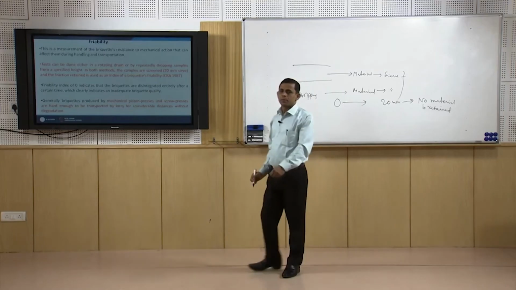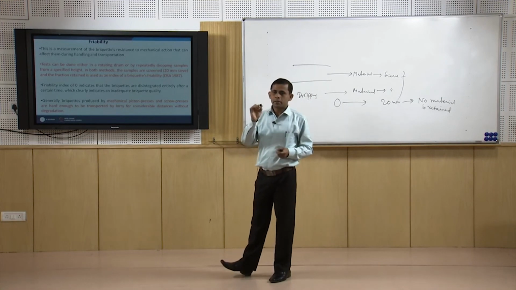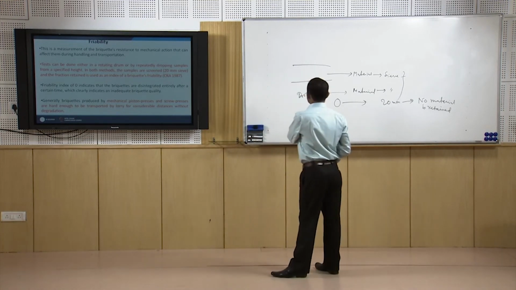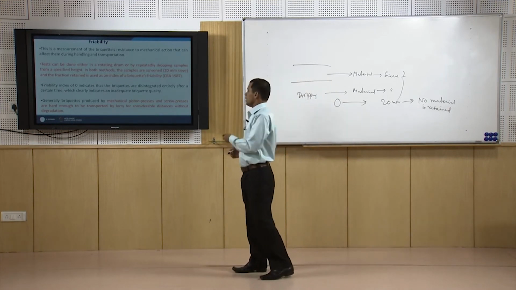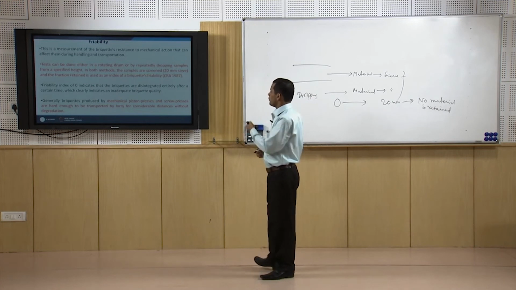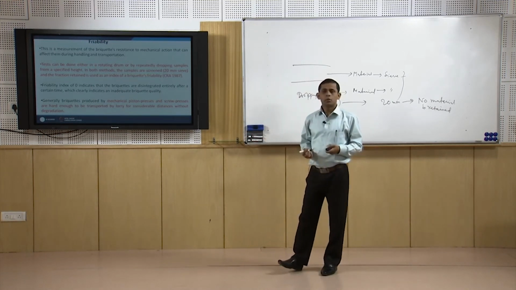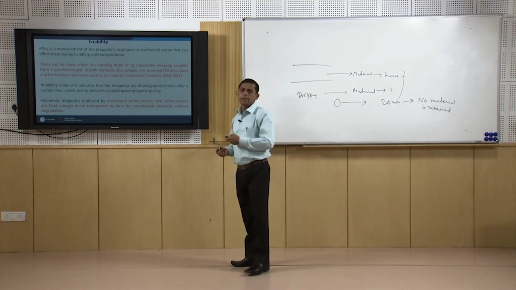That means all of it is fragmented, broken down. So, that is not desirable; a 0 friability index is not desirable. Okay. Generally, briquettes produced by mechanical piston press and screw press are hard enough to be transported by lorry for considerable distance without any degradation.